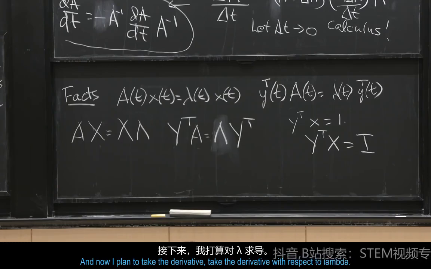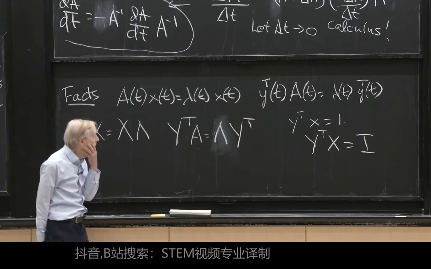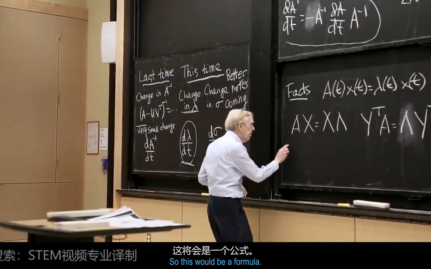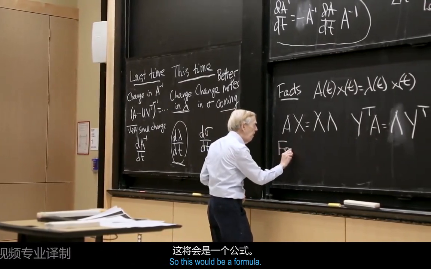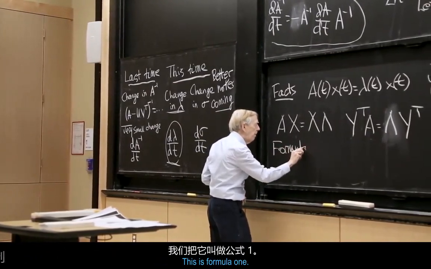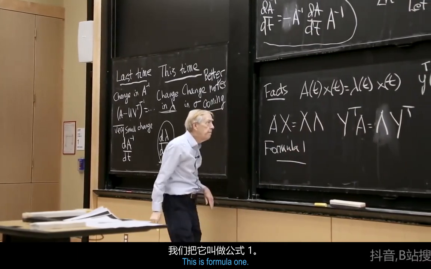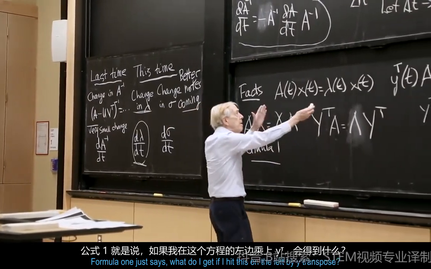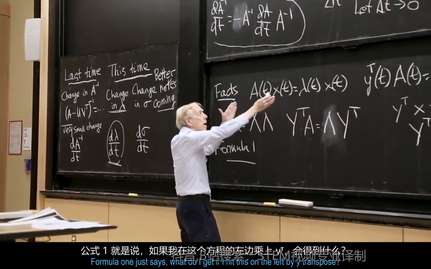And now I plan to take the derivative. Take the derivative with respect to lambda. Oh, okay, I can derive one more fact. So this would be a formula. This is formula 1. Formula 1 just says, what do I get if I hit this on the left by y transpose?